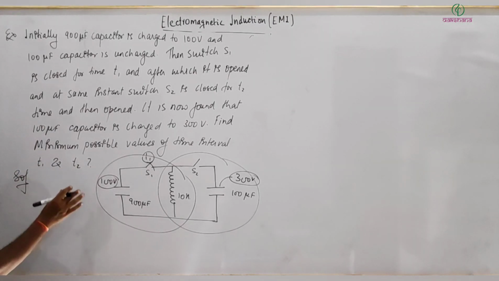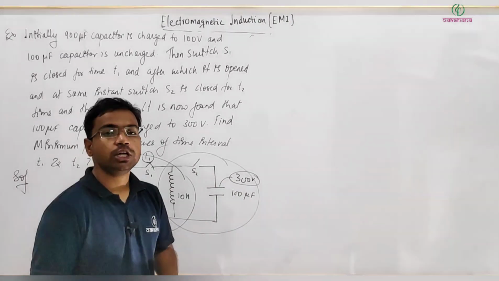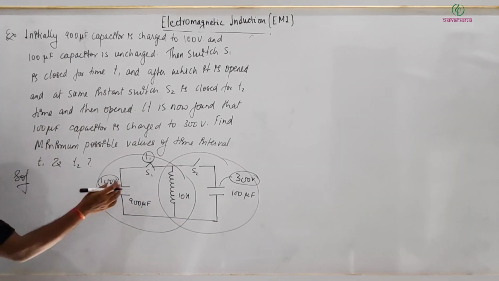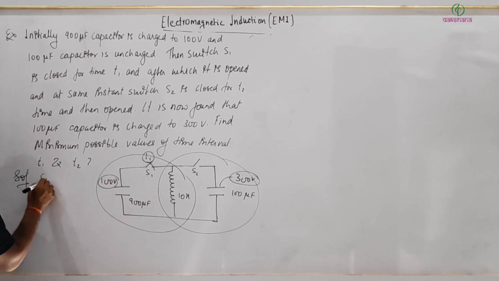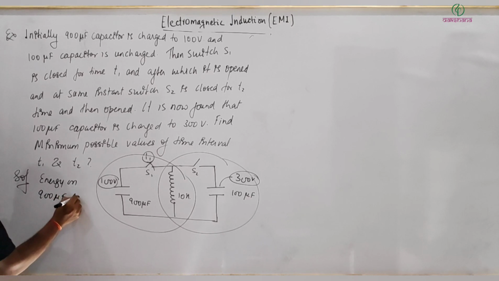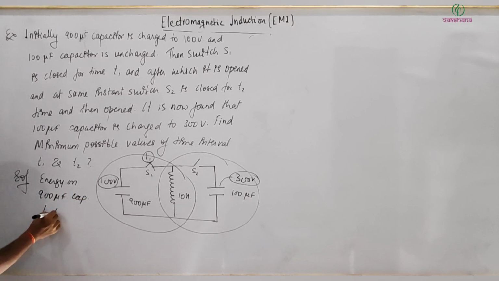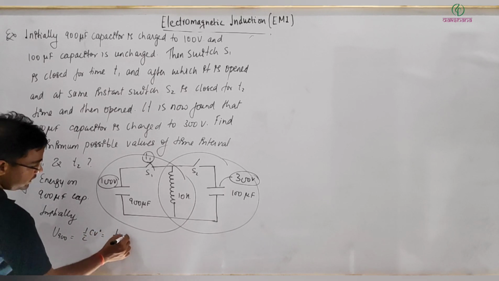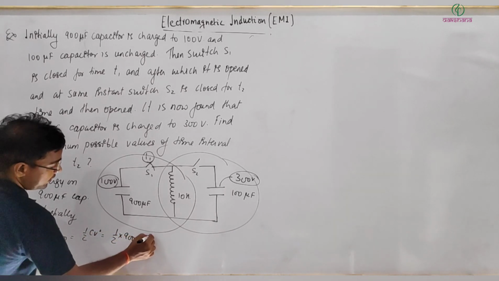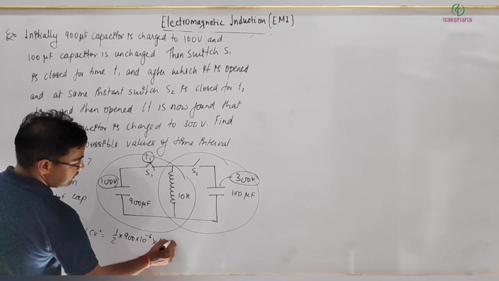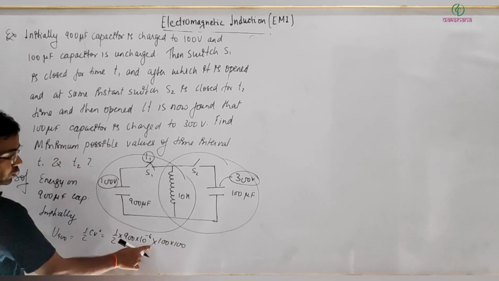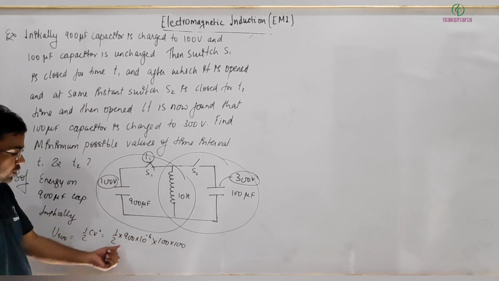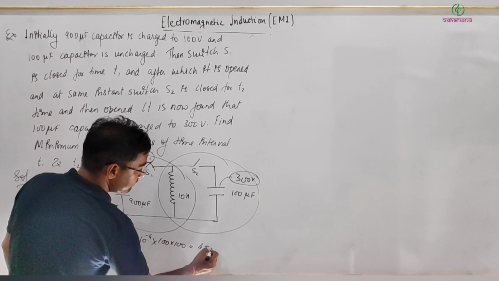Let me first check how much energy has been transferred to the inductor. The energy on the 900 microfarad capacitor initially, I can write U 900 is equal to half CV square, that is 1 by 2 into 900 microfarad into V square, 100 into 100, so it's coming out to be 4.5 joule.